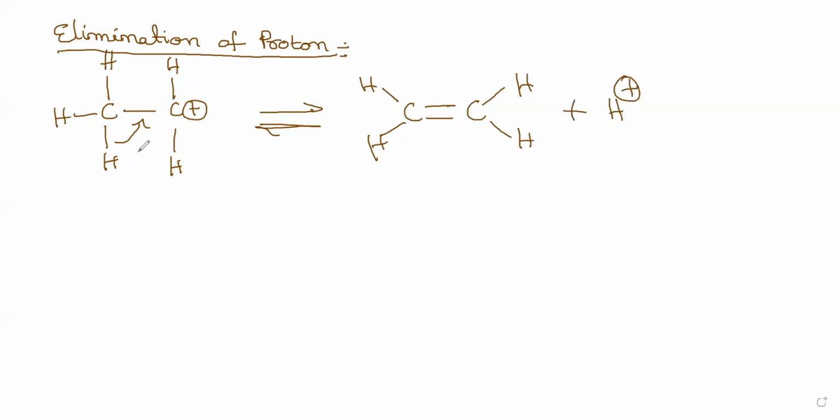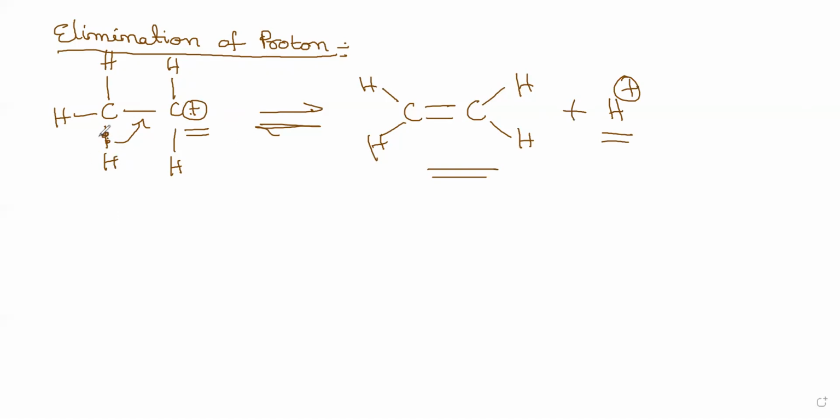So how does this happen? See, this is a positive charge. These electrons are given to the positive charge. That's why this is neutralized and H plus is out. Hope you understood. Bond means 2 electrons. These 2 electrons are transported here as a pi bond.